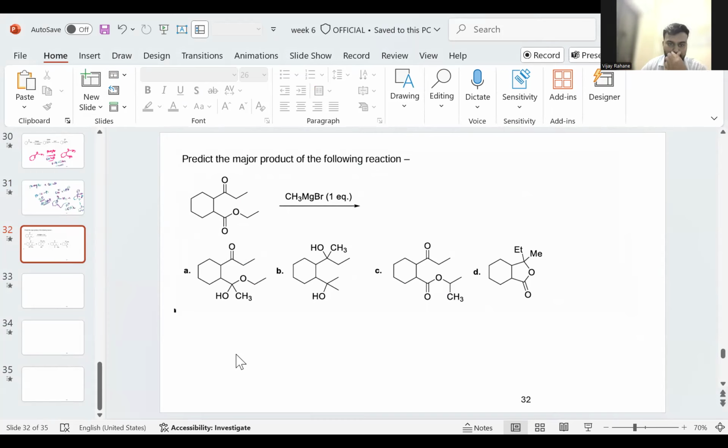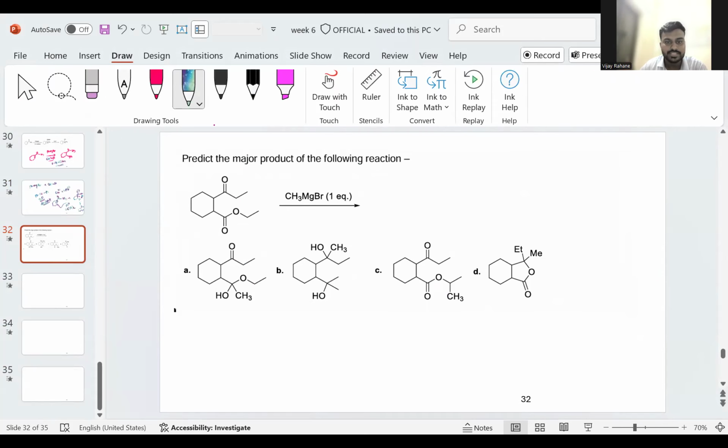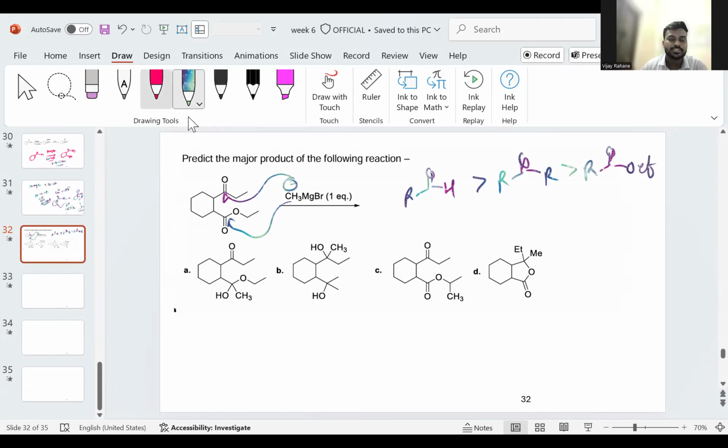You have this CH3MgBr, this CH3 negative, whether it attacks on this position or on this position depends upon which group is more reactive. Right. So in this way, this is the reactivity order that I will just give for you. It is easy for you to understand.